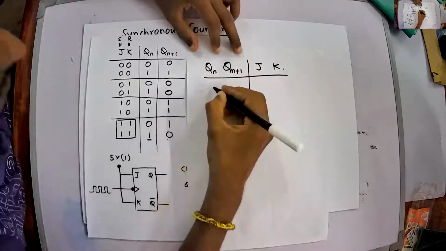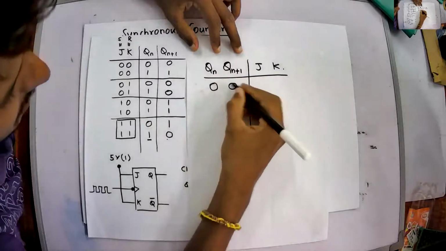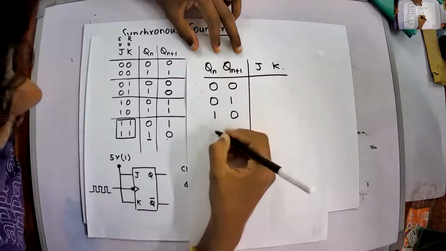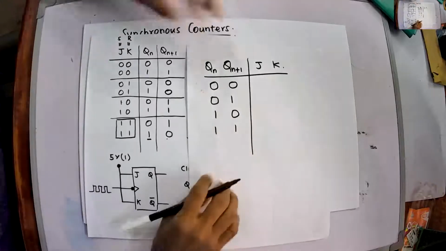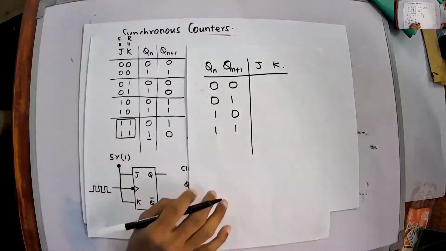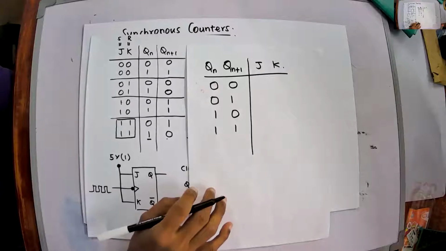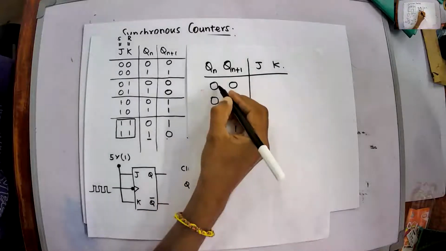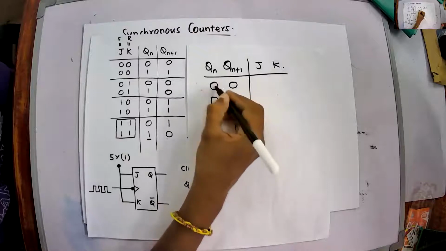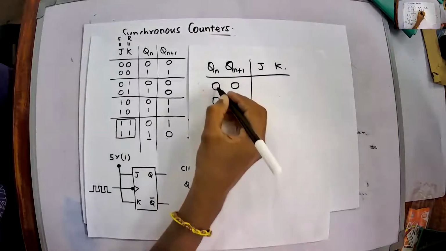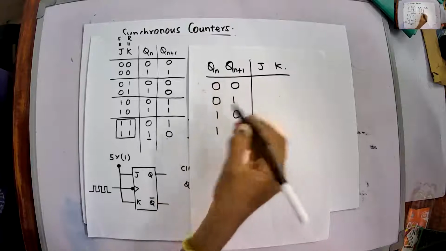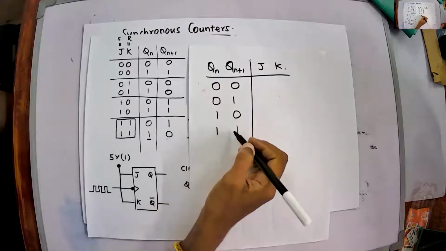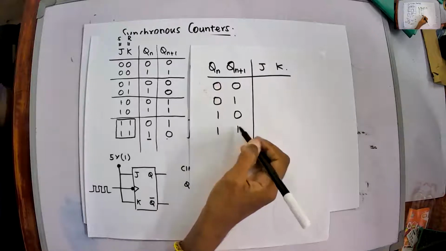For example, Qn and Qn plus 1 could be 00, 01, 10, and 11. There are no other combinations. So it can remain from 0 to 0, or change from 0 to 1, change from 1 to 0, or keep the same state as 1.